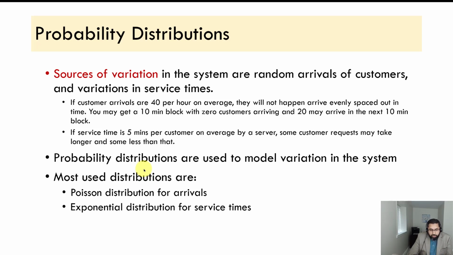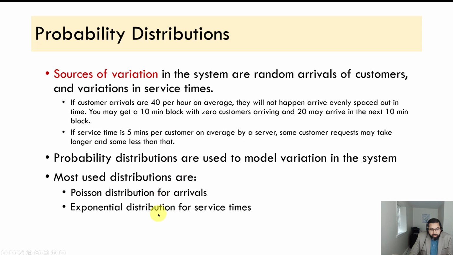For service times, we say there's an average service time, but service times are exponentially distributed. Some people take a lot more than the average time, some people take less, and so we have an exponential distribution to capture service times.